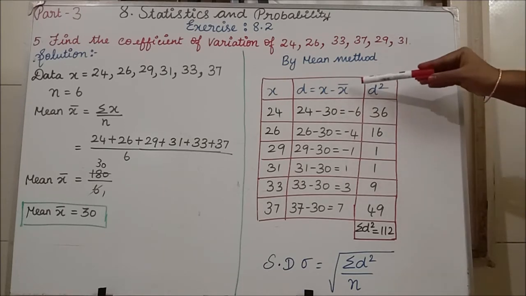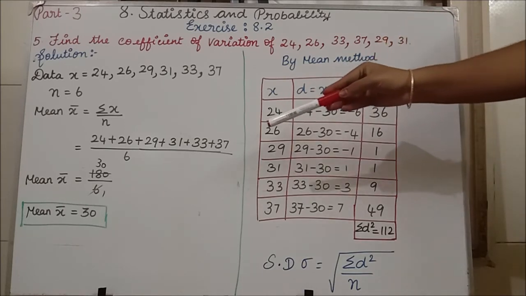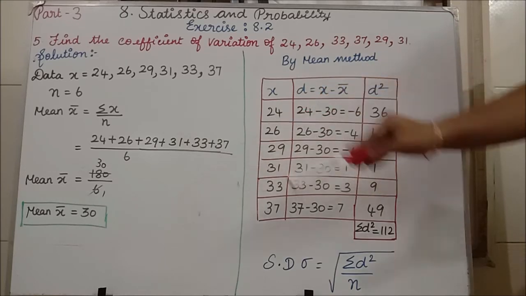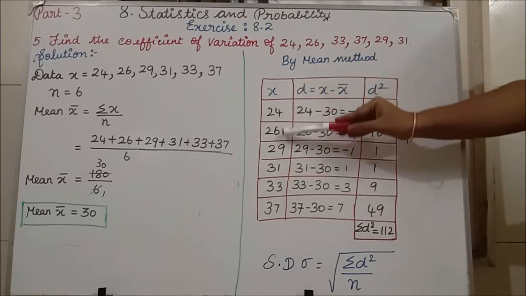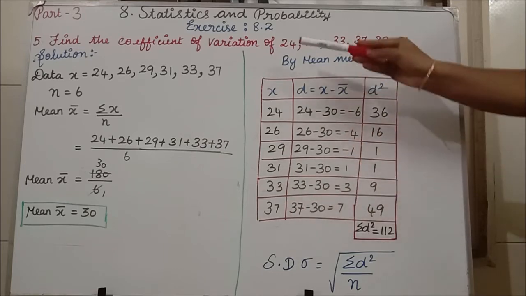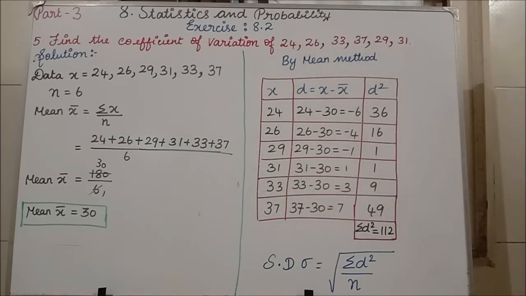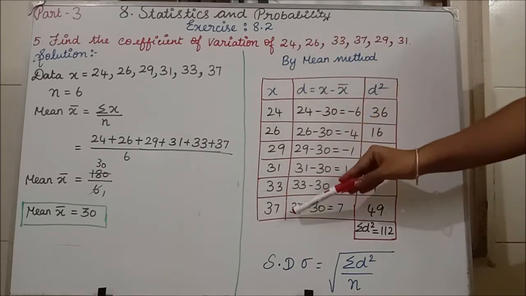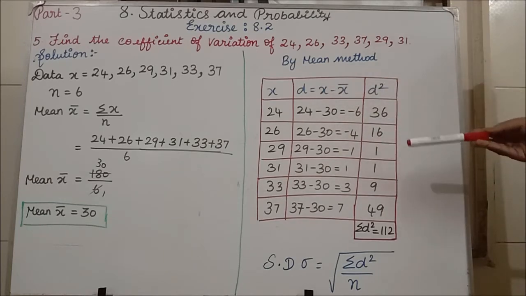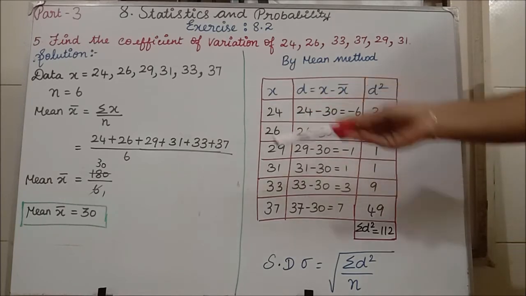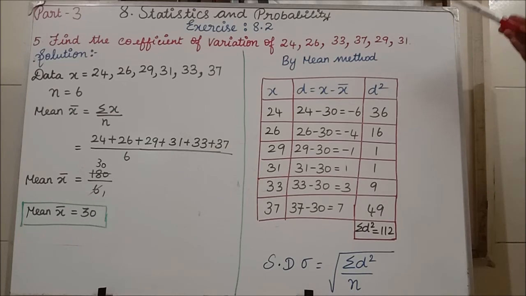The x bar we have already found, what is that? 30. This is our x, the given observation. We have to subtract each value of x with the x bar so that we will get the d value. Easily we can write the d square value.